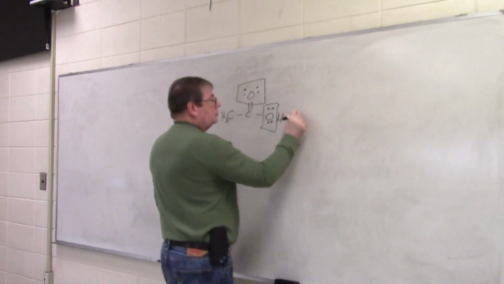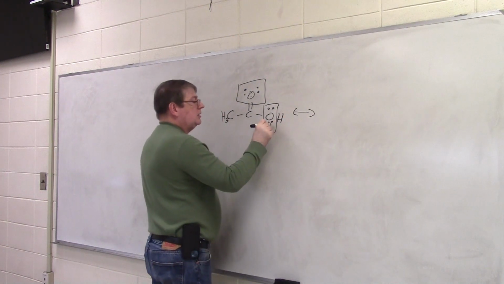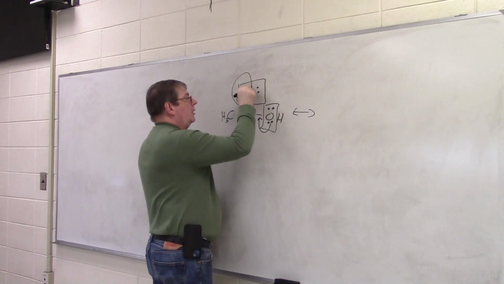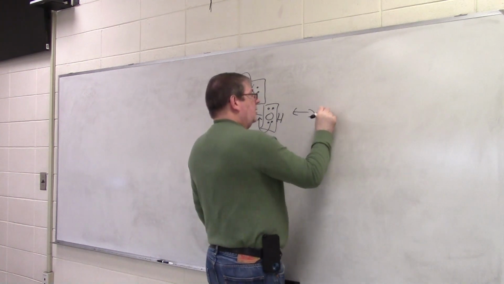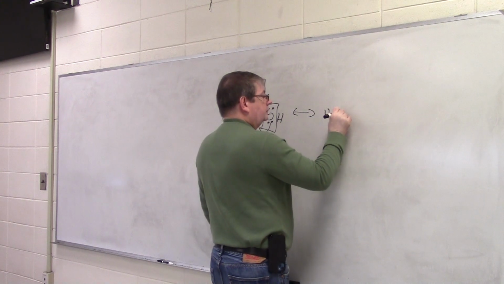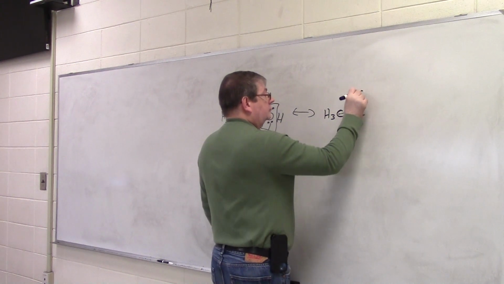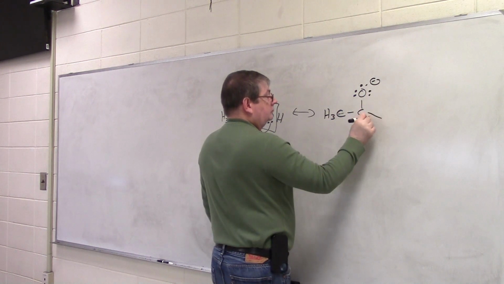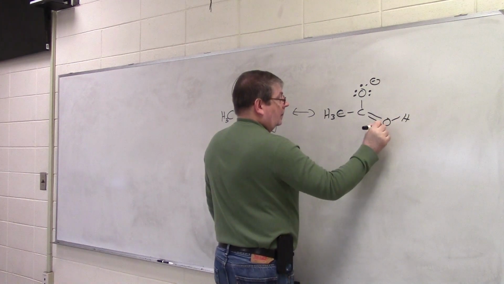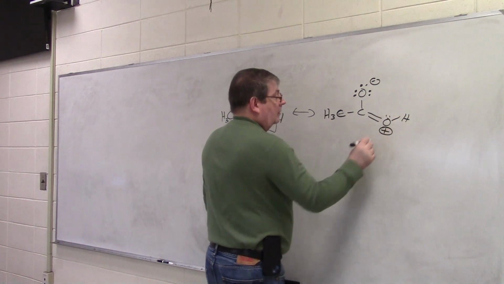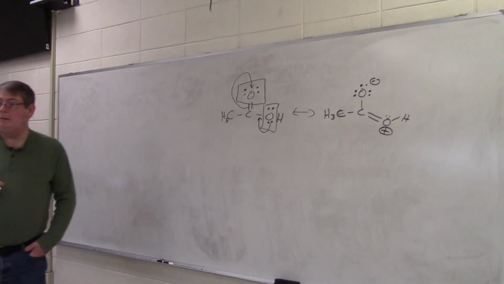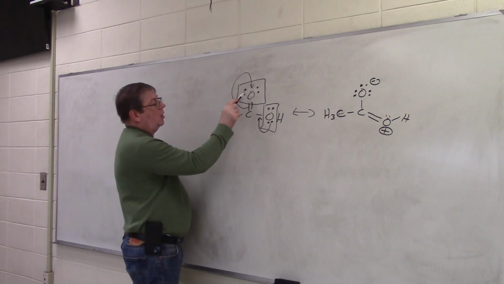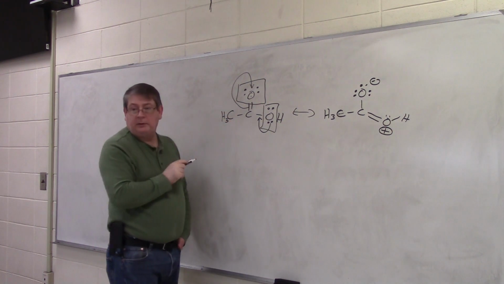I can push this pair of electrons here and push this pair from the pi bond onto oxygen, and I end up getting this resonance structure.